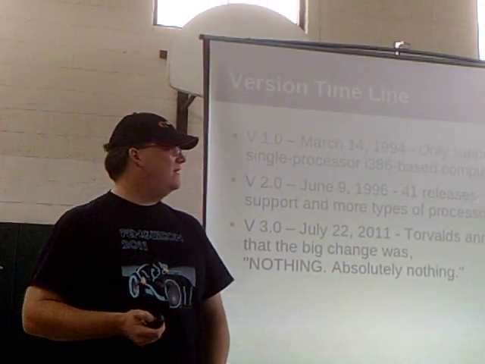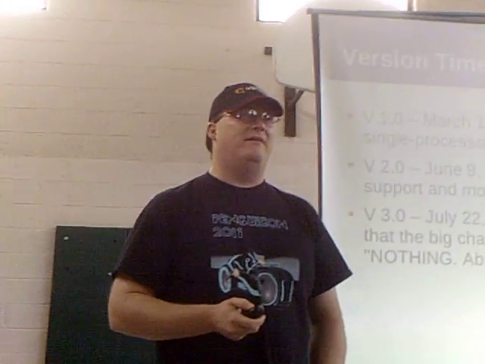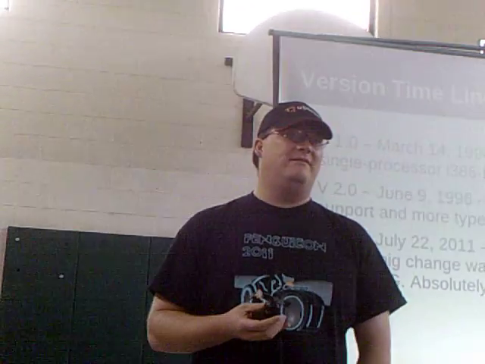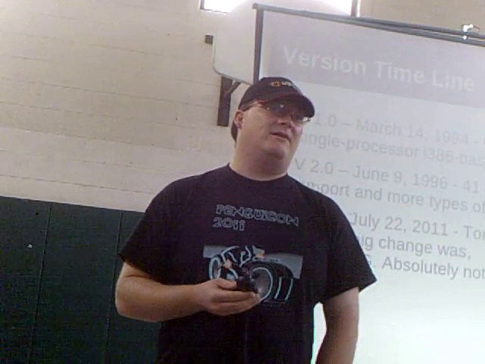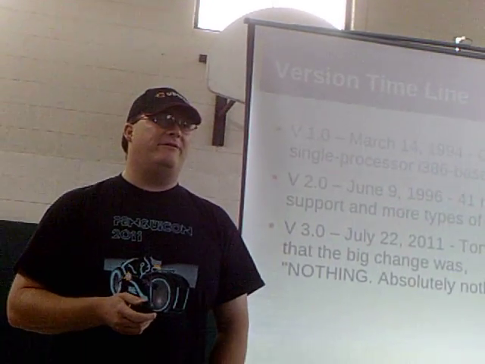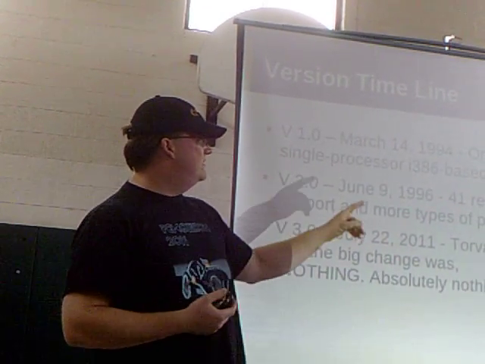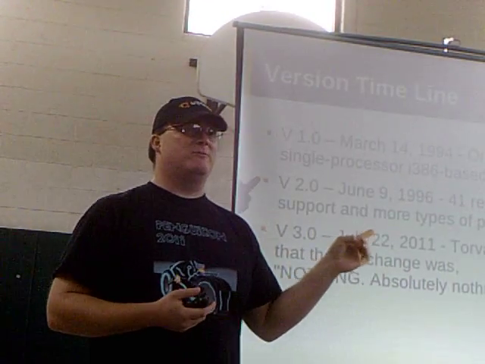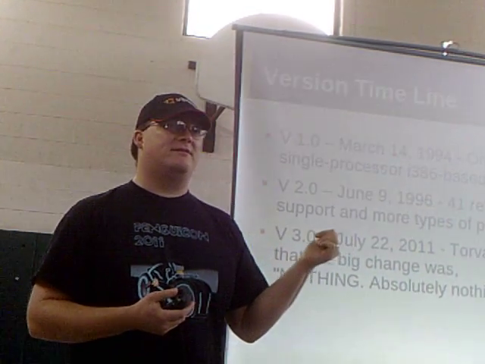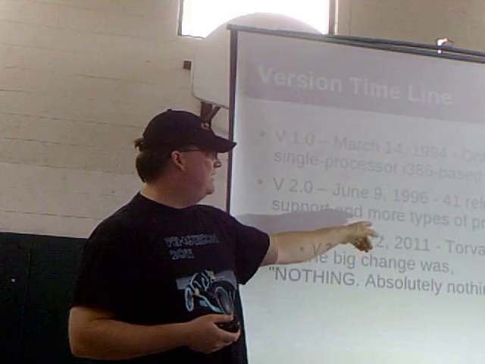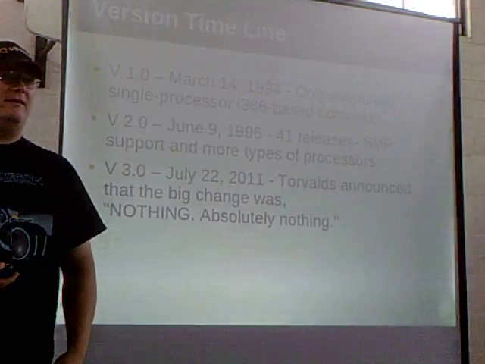Once it got to 1.4 or something further on, they started supporting the Sparc processor and a couple of other ones. But the big difference with 2.0 is that it was SMP, so it's multiple processors, and the support was a lot more.